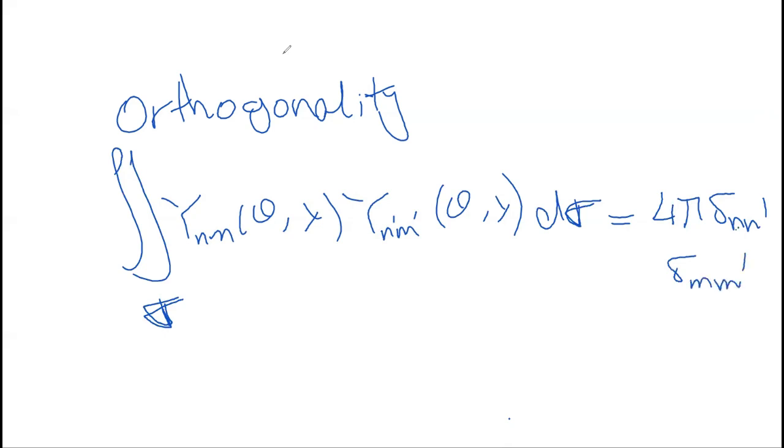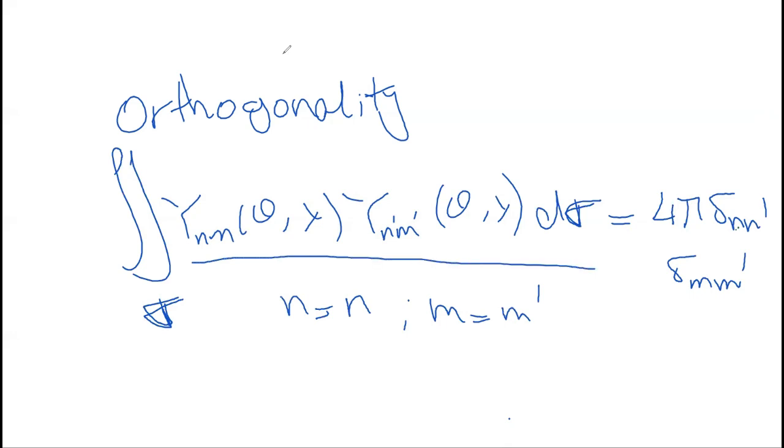So what does that mean? It means that in the case that n is equal to n' and m is equal to m', this will be 4 pi.